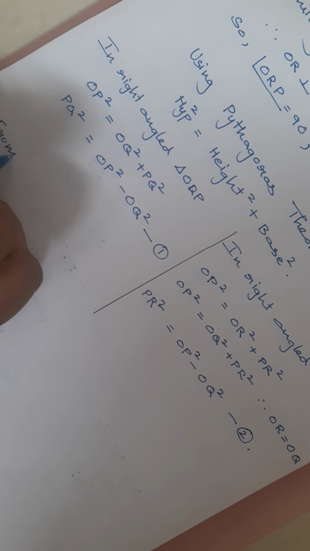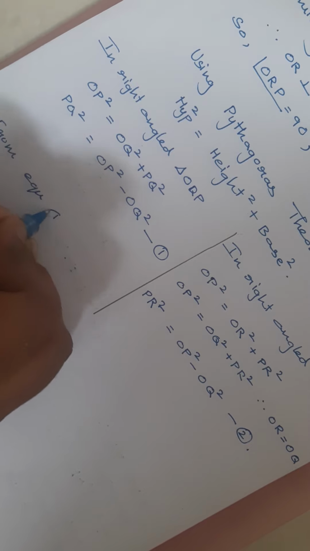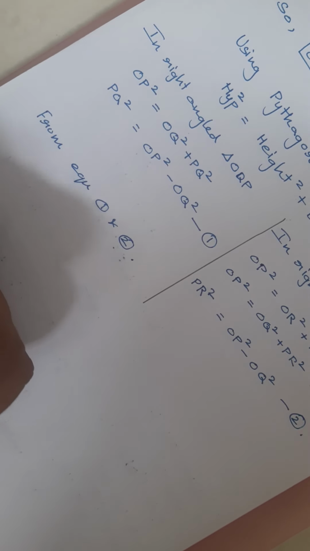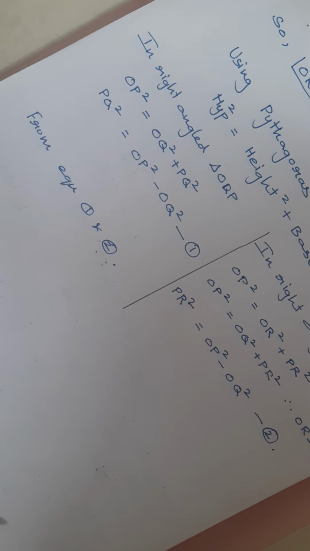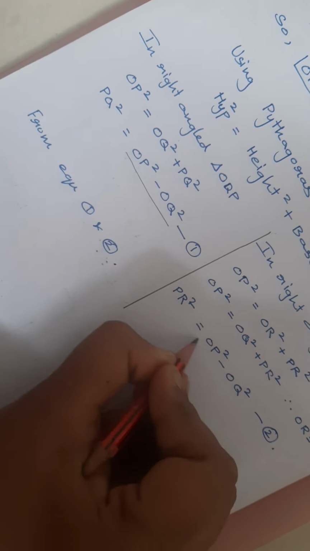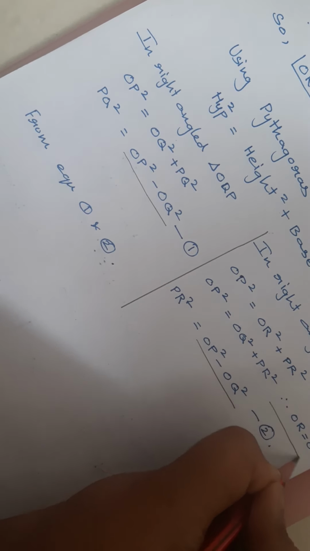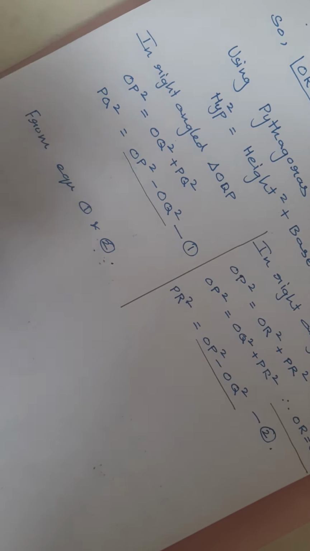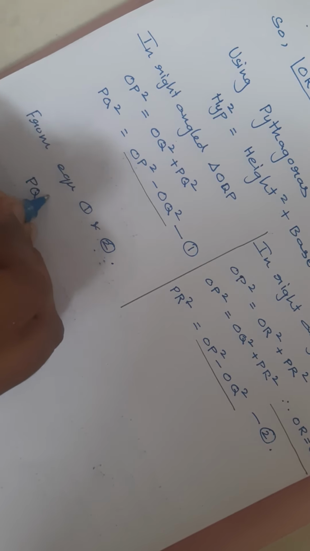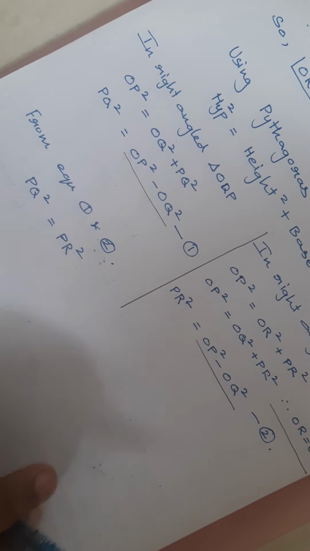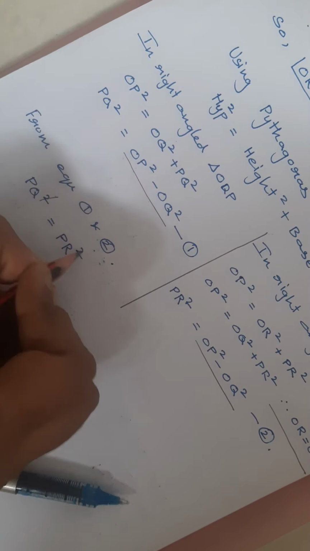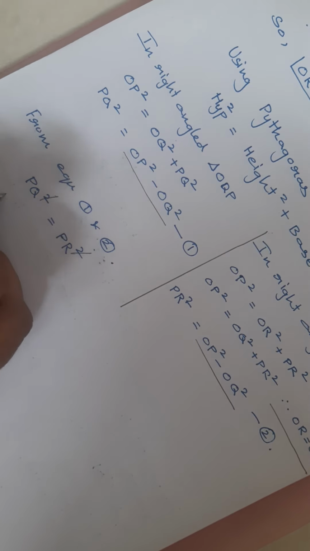From equations 1 and 2, the right hand sides will be cancelled because both are OP square minus OQ square. So we can say that PQ square equals PR square. Square cancels on both sides.